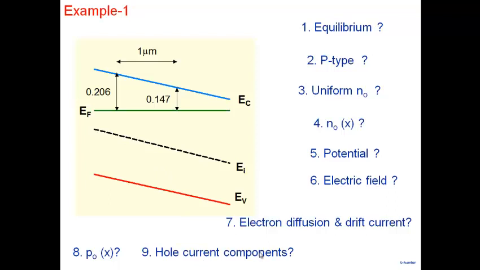Drift current, diffusion current, all of these you can get. Vacuum level, do you know where it is? 4.05 eV from the EC here, right? So if I draw an energy diagram like this, there are lots of things that you can get from here, right? Potential, electric field, N0, P0, a lot of interesting information. So you're seeing the importance of the energy band diagram, and that's where we will concentrate in the next lecture, okay?